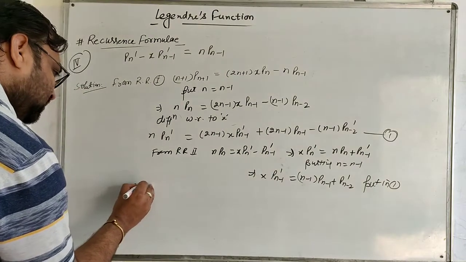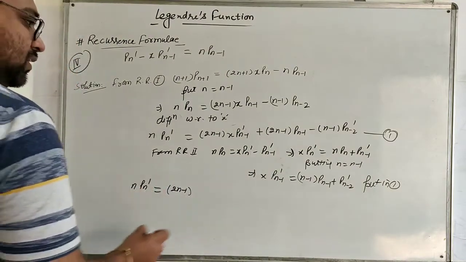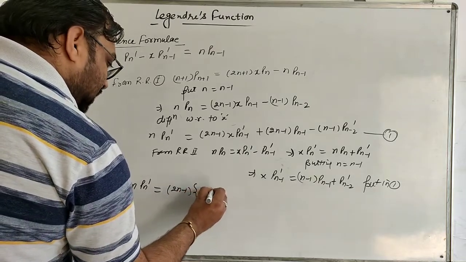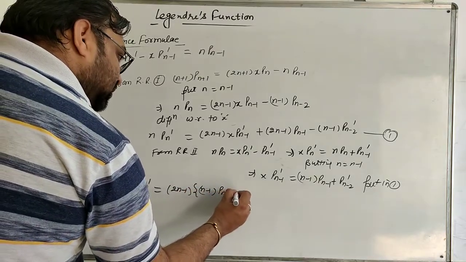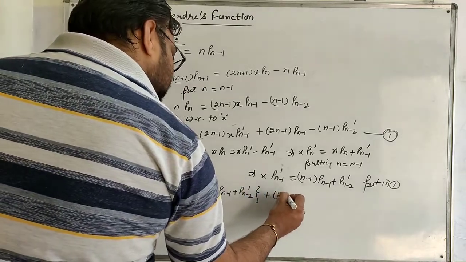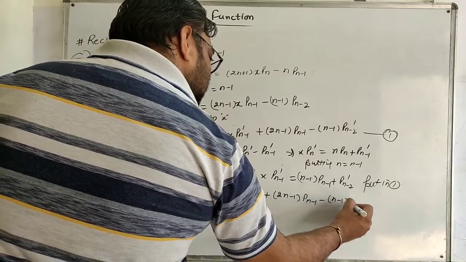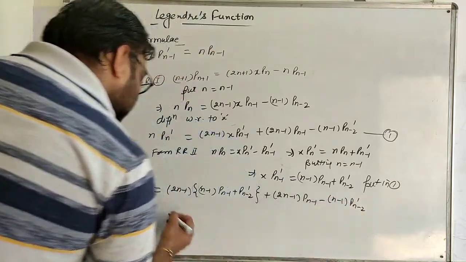So n Pn' is equal to (2n minus 1)[(n minus 1) Pn-1 plus Pn-2'] plus (2n minus 1) Pn-1 minus (n minus 1) Pn-2'.